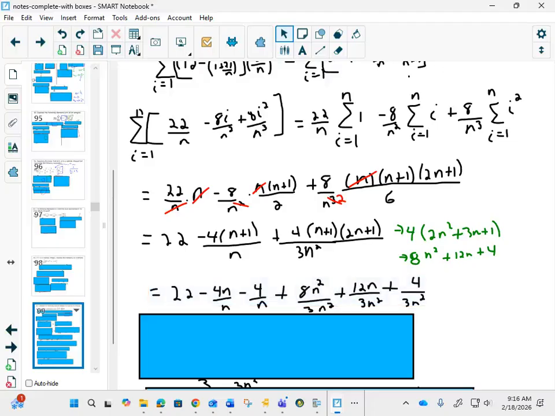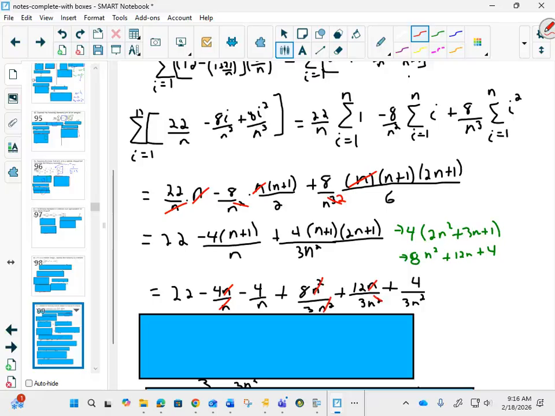So what do I have? I have 22. If I multiply this out, negative 4n minus 4, I'd have negative 4n over n, negative 4 over n. And then multiplying this out and putting them all over 3n squared. Again, we could have some canceling here. Those would cancel. Those would cancel.